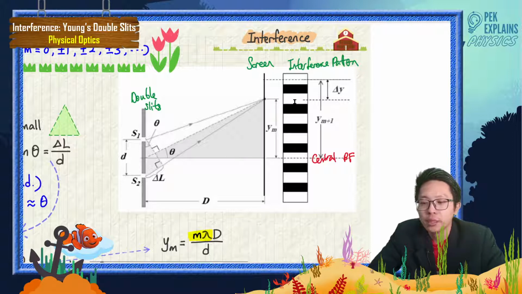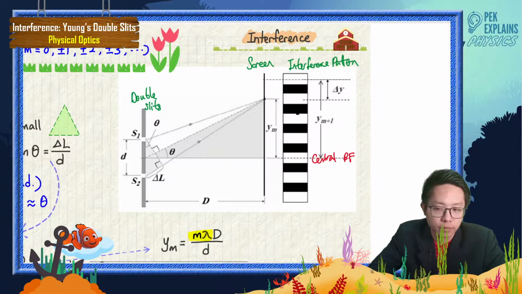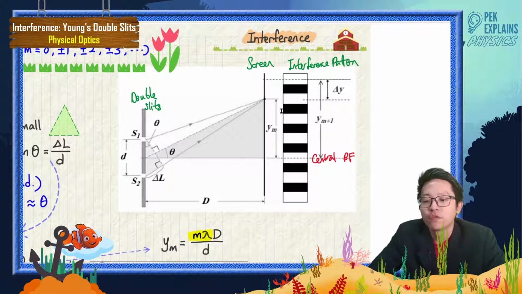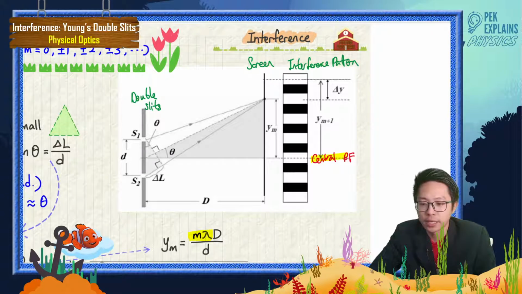Ym is the position of a certain fringe, no matter whether it's a dark fringe or bright fringe, from the central bright fringe. We always measure from the central bright fringe. So Ym is the position of bright fringe or dark fringe from the central bright fringe.